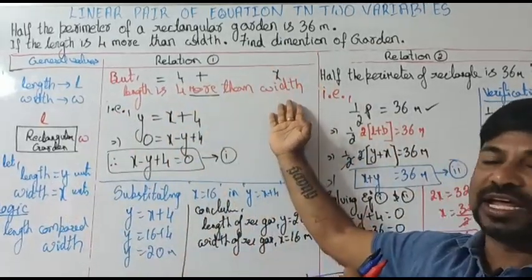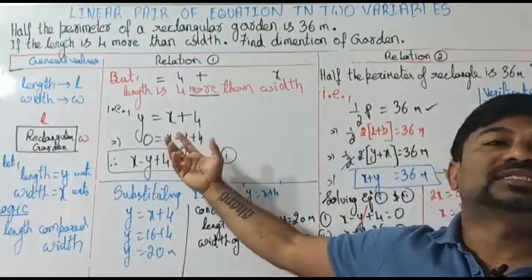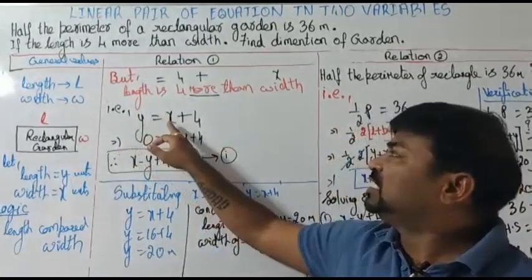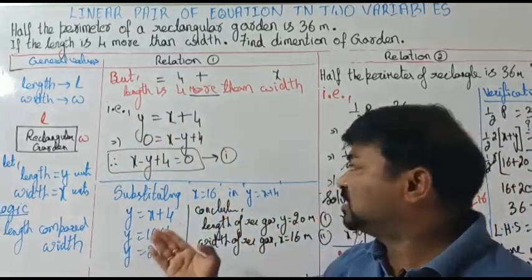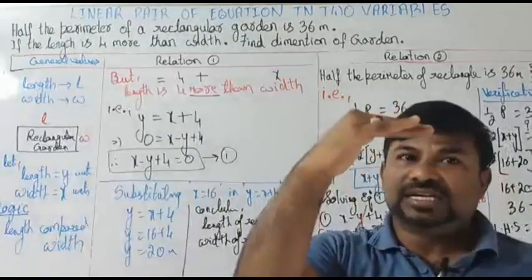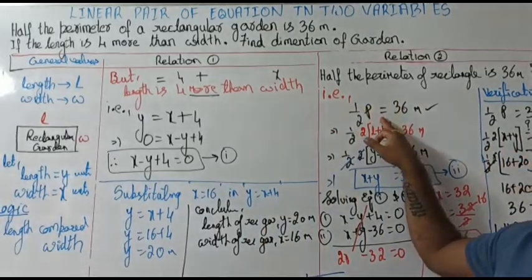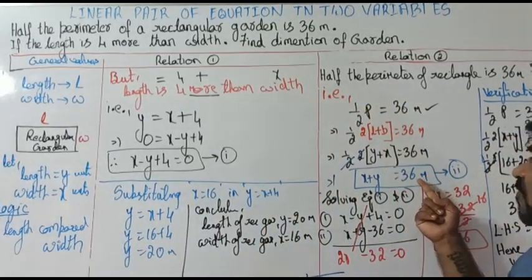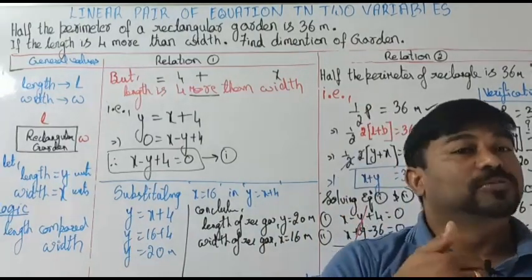Therefore, I have taken width as x and length as y. He is adding it as a sum, so I am taking y is equal to x plus 4. I framed it as the first equation. And what else does he say? Half the perimeter is 36. Sentence, symbol, simplification. This is the sentence, this is in terms of symbols, and I have simplified and made it equation 2. Now solve equations 1 and 2, and you will be getting the answer.